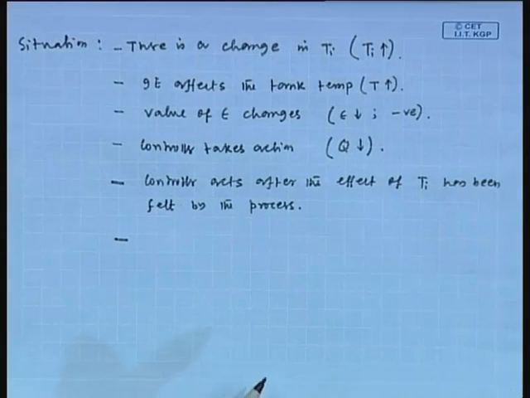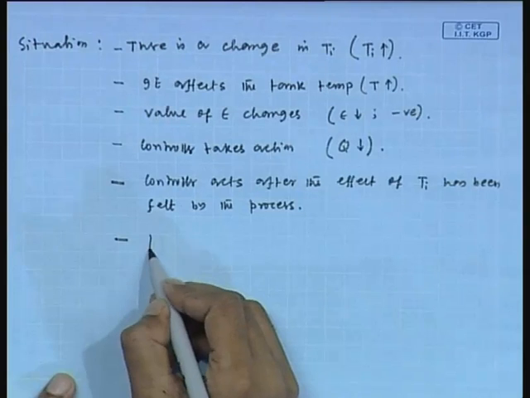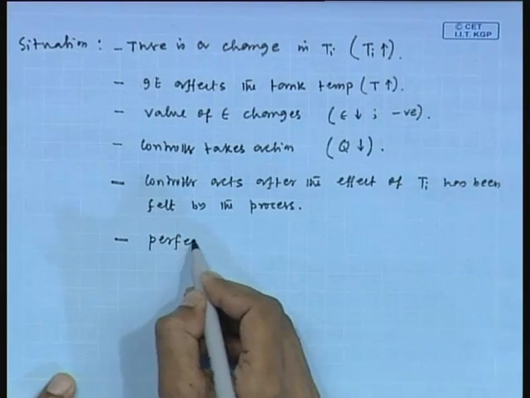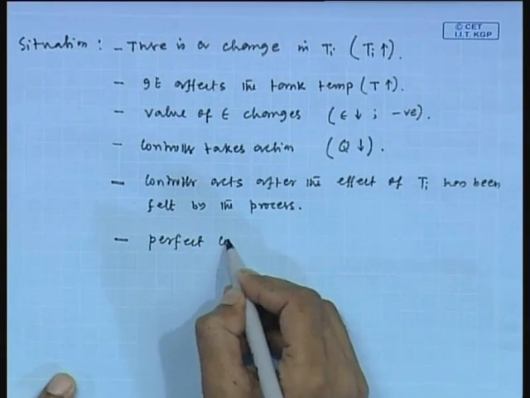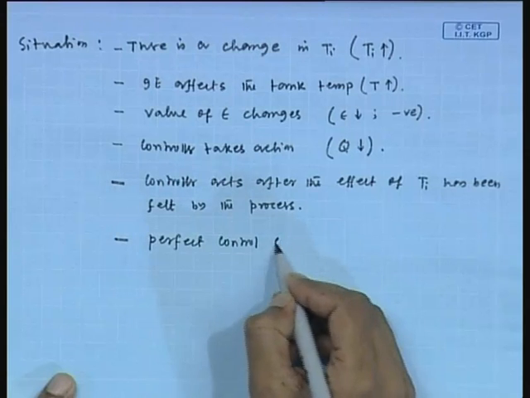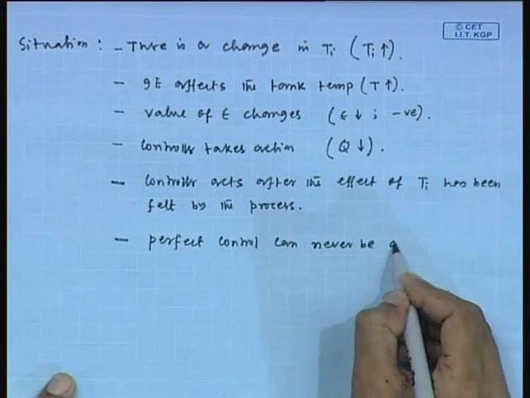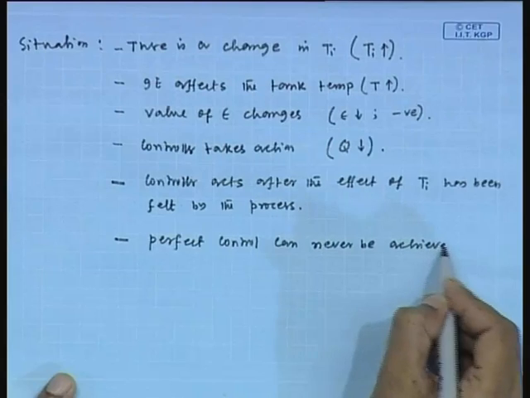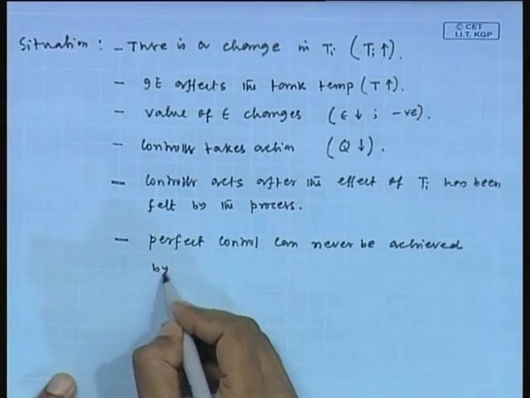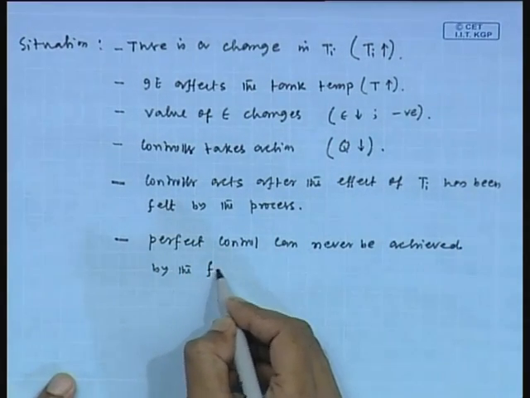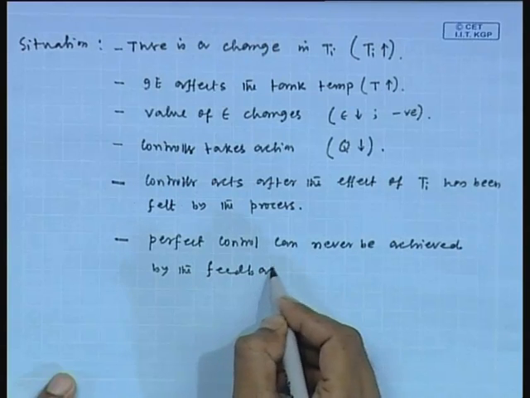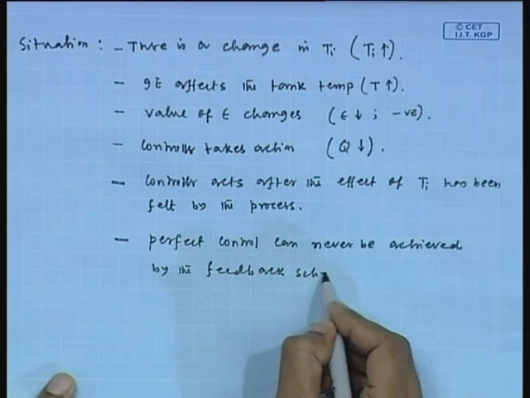It means that perfect control can never be achieved by the feedback scheme.